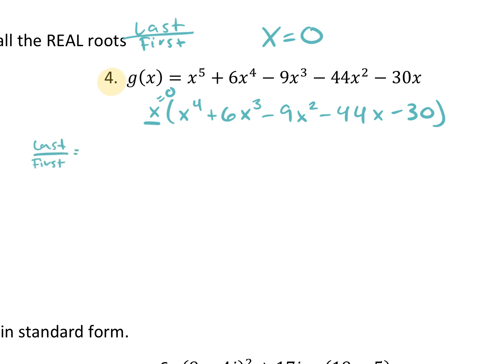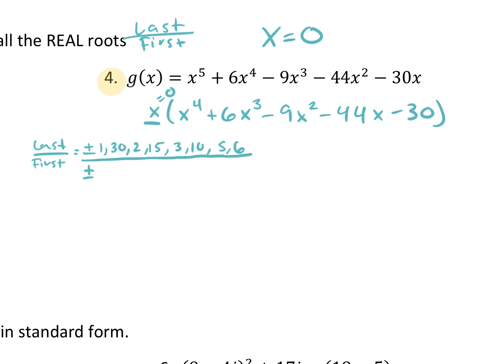So factors of -30, or factors of 30, would be plus or minus what? 1, 2, 15, what else? 3 and 10, 5 and 6, perfect.